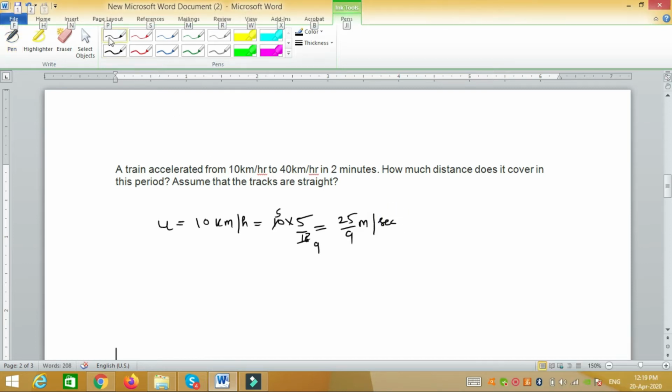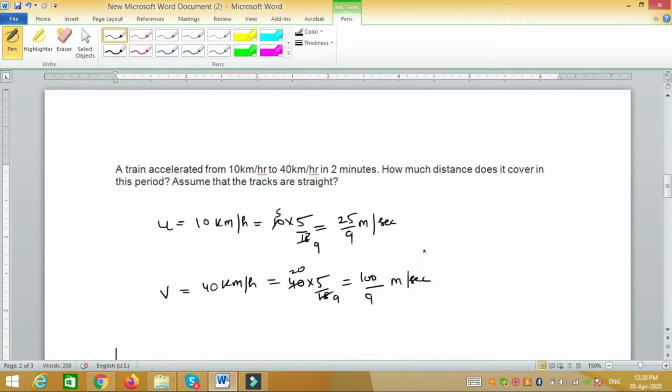Similarly, you have to convert v, which is 40 km/h, by multiplying 40 with 5 by 18, which will give you 100 by 9 meter per second.